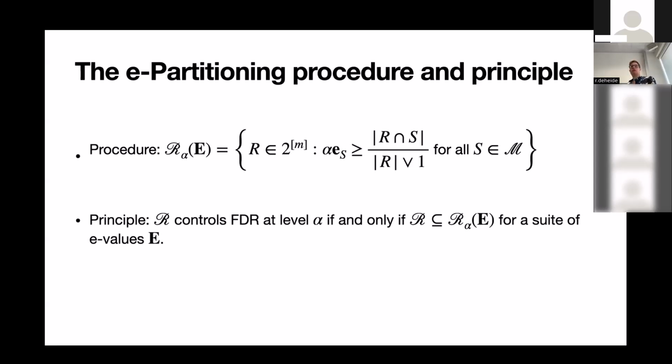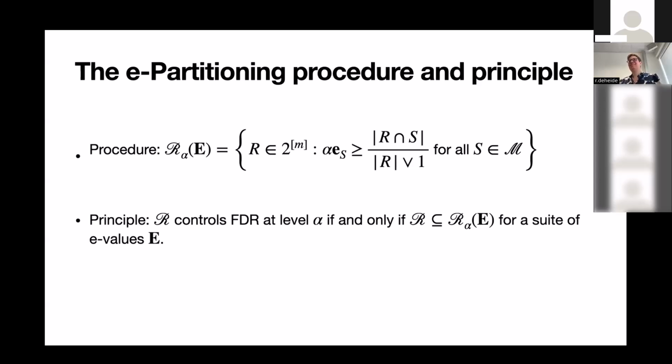We, by the way, show that there are feasible algorithms to compute the main procedures that come out of this principle. And the main theorem is that a procedure controls the FDR if and only if your method, so your set of rejections, is in this e-partitioning procedure.